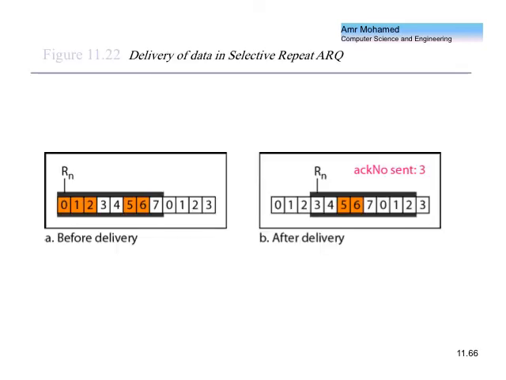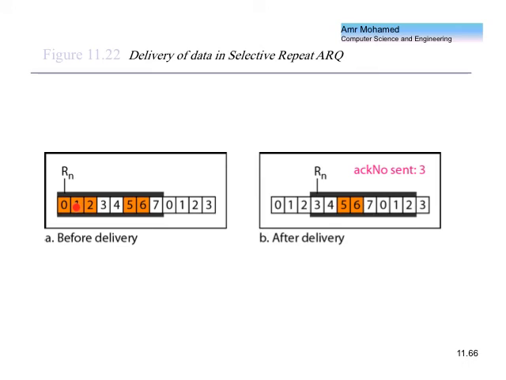And this actually explains that concept. So if Rn points to here, and we have 1 and 2 already received, this means that the receiver received 1 and 2 before 0.